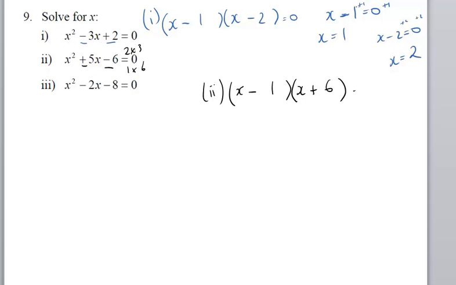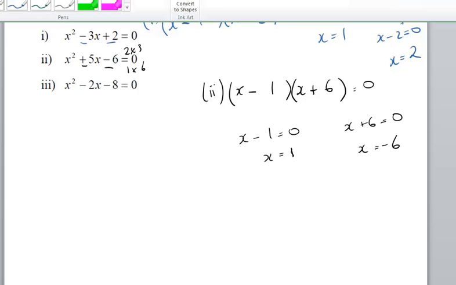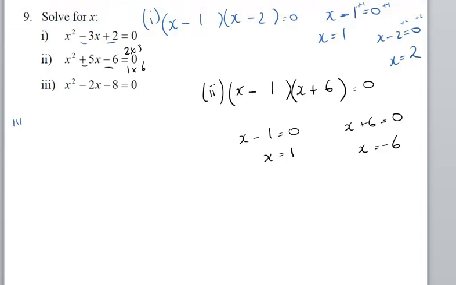So from this, we know, well, x minus 1 must equal 0, so x is equal to 1, or x plus 6 must be equal to 0, so x must be equal to negative 6. For number 3 here, we have a negative and a negative. So we know, well, to end up with a negative, we must have a negative and a positive there.